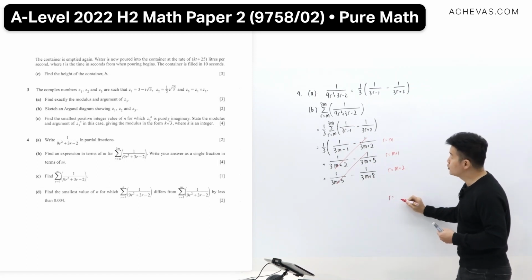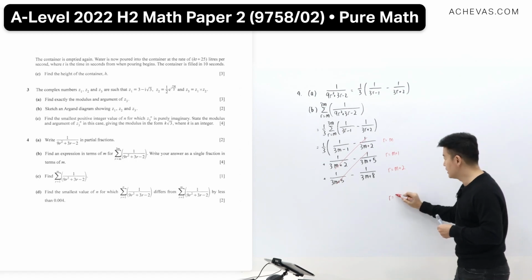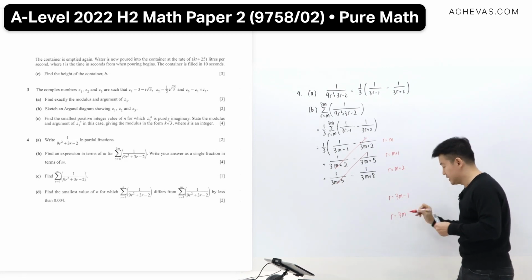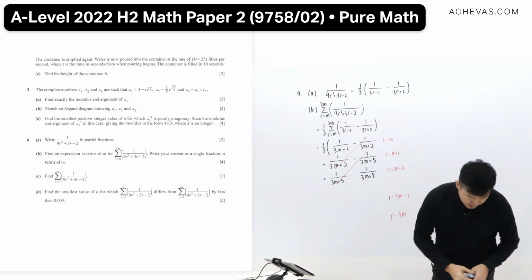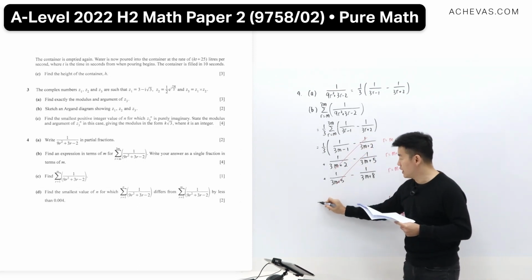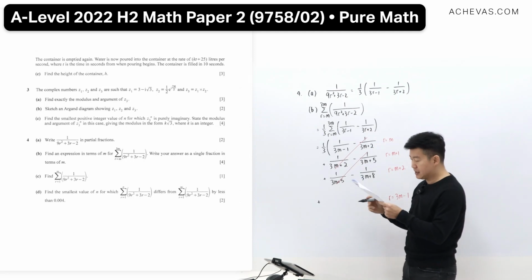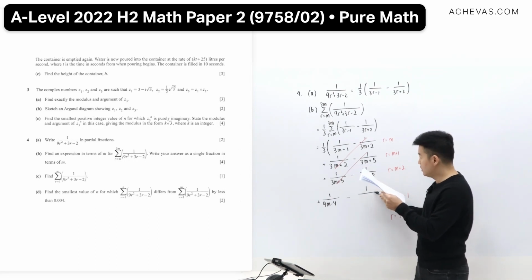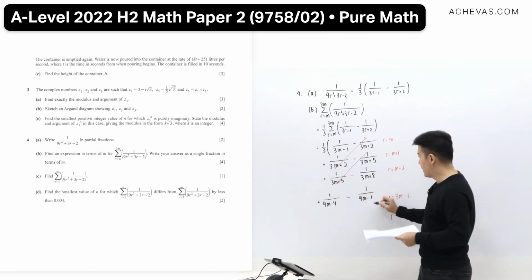And the last 2 rows will be, the second last row will be this, 3m minus 1. And the very last row will be when r is equal to 3m. So let me write it down. When r is equal to 3m minus 1, we will be getting a 1 over 9m minus 4 minus 1 over 9m minus 1.